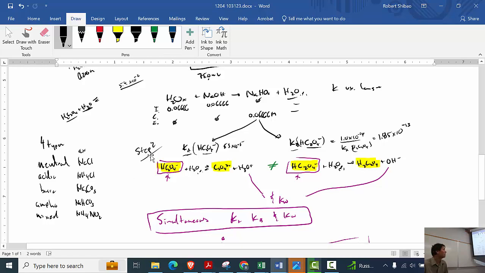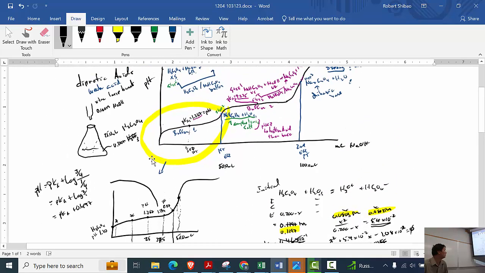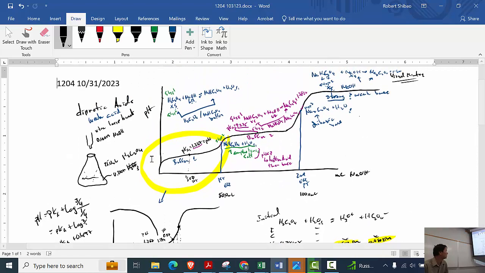And so if we go back here and look in buffer region 1, we have the acid, which is oxalic acid, and the base, which is sodium hydrogen oxalate.